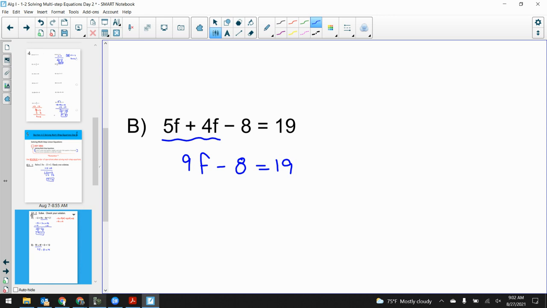Great. Another two-step problem. I add 8 to both sides. I get 9f is equal to 27. And then I divide by 9 to get f is equal to 3. Questions about that?